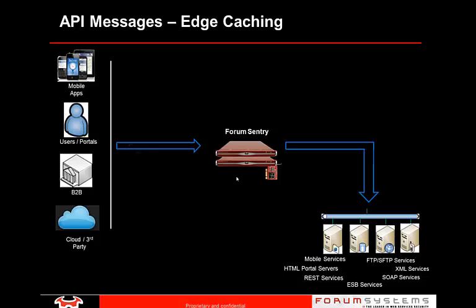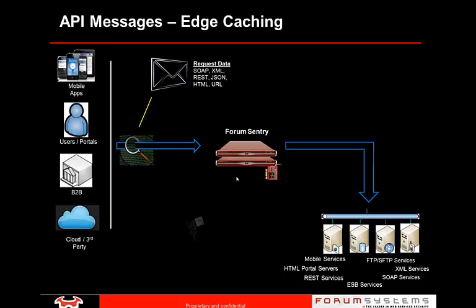has done for many years, which is to inspect the inbound information flow for the characteristic information that resides within those data formats that it intercepts and brokers, such as SOAP, XML, REST, JSON, HTML, URL information, all about that comes in on the request channel.